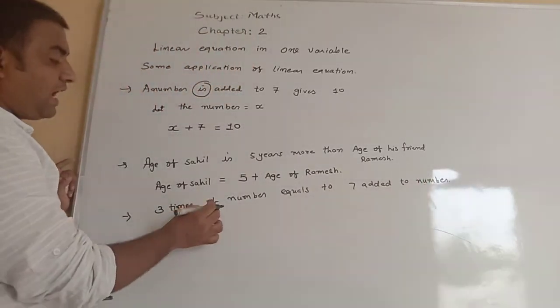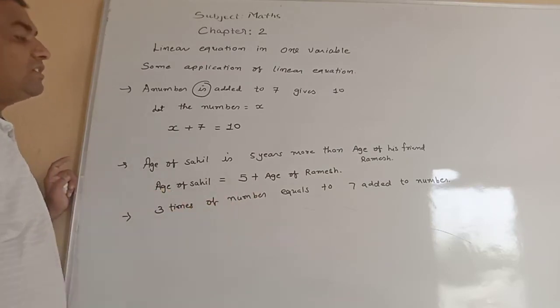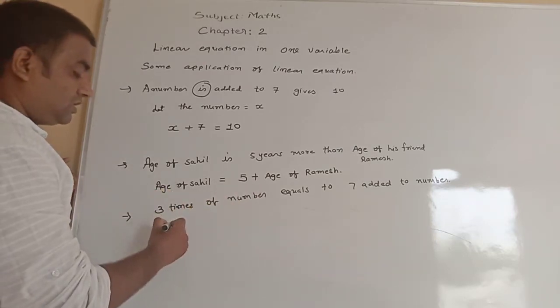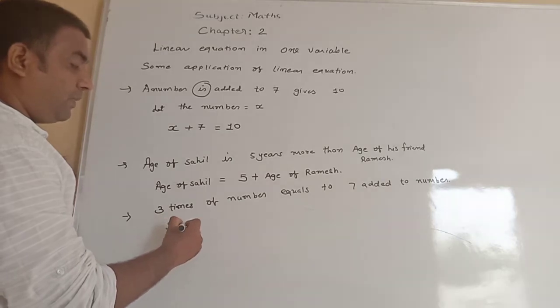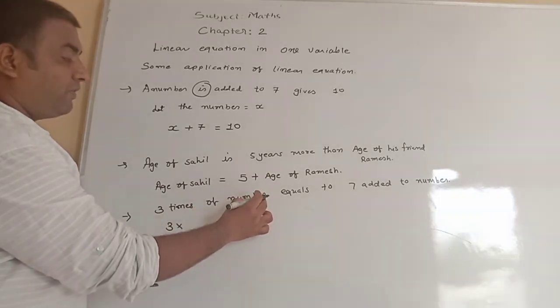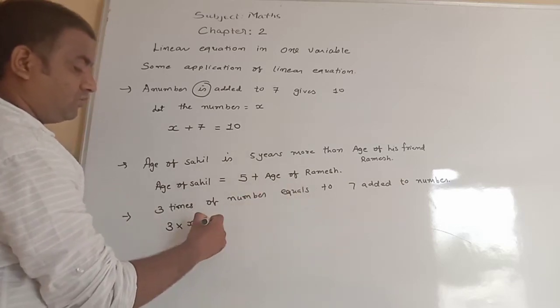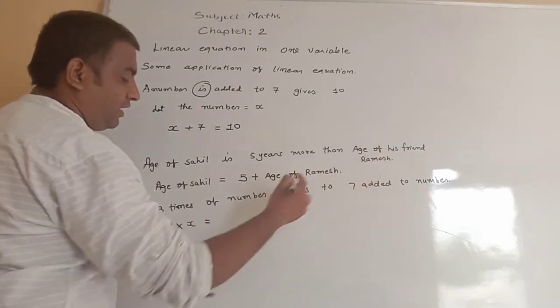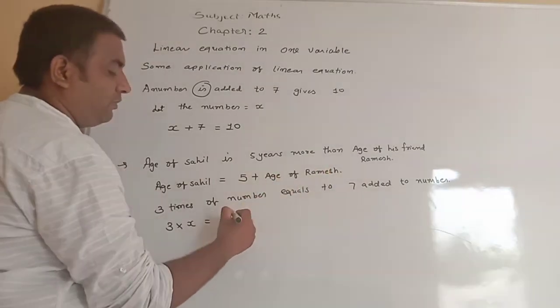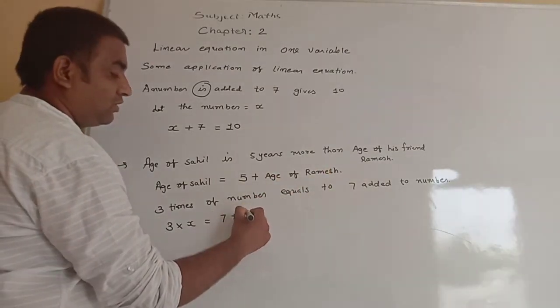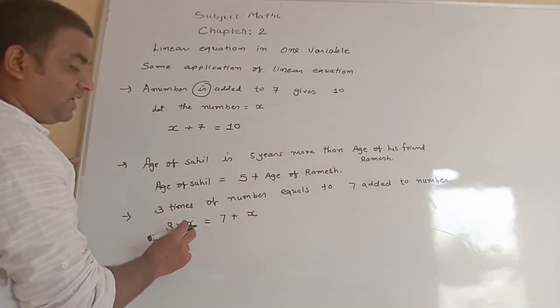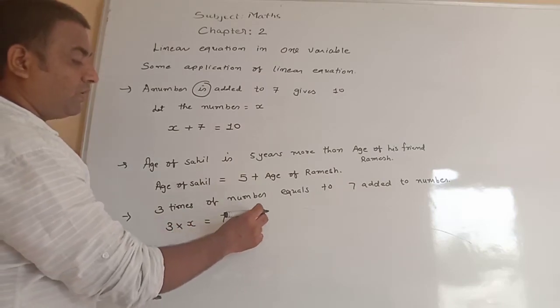So 3 times a number, 'times' indicates multiply. So 3 multiply number, the number we don't know, so we take x, equals 7 added to the number. So 7 added means plus to the number, so x. So 3x equals 7 plus x.